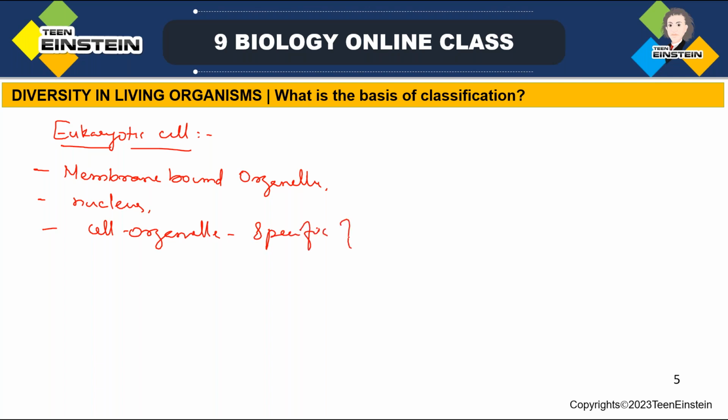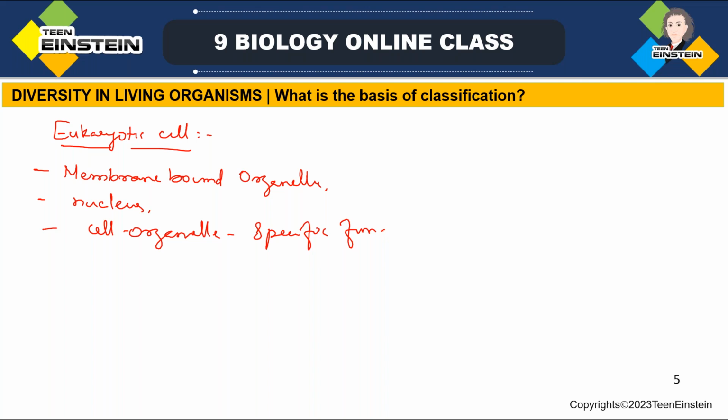Specific function. So here, membrane bound cell organelles means one cell organelle is membrane bound so that it can do its function in a separate place. Inside that boundary it can conduct the function very clearly, right?